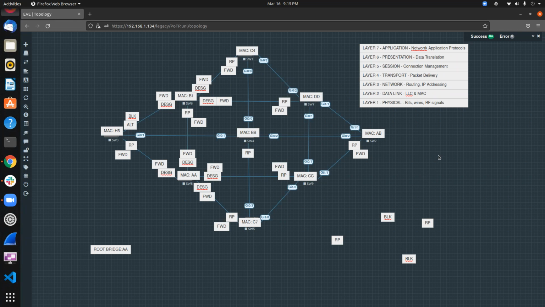So now I'm looking at, since that's our RP, also on the MAC side, on MAC DD, we have our RP forwarding again. So we know that traffic is going to go in that direction. So that means C. Am I wrong on that? Nope. Keep going. So for C4 to DD, we're going to make that our block state.